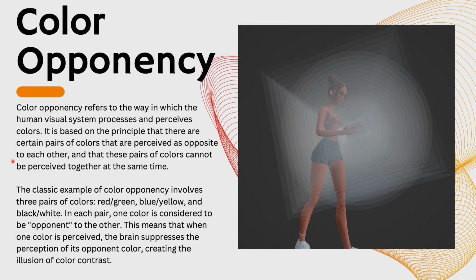In other words, blue and yellow, red and green. In each pair, one's considered to be the opponent or the opposite of the other. And kind of like that color cube thing I showed you, it would be the same thing, like the red and the green would be on opposite sides of each other. Blue and yellow would be on opposite sides.